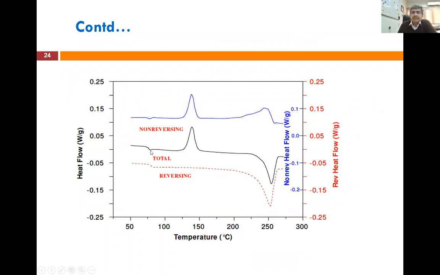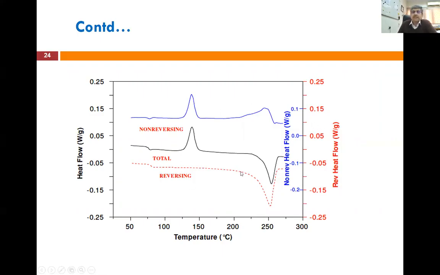Here it was not possible to get the exact value of the Tg, but in the reversing heat flow, you can get the accurate value of the glass transition temperature. So this is the total heat flow, and the blue ones are the non-reversing heat flow, and the red ones are the reversing heat flow.